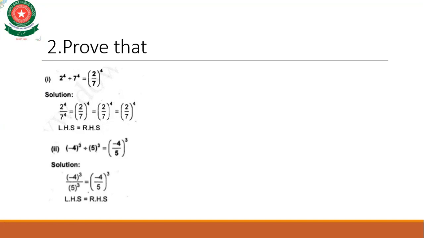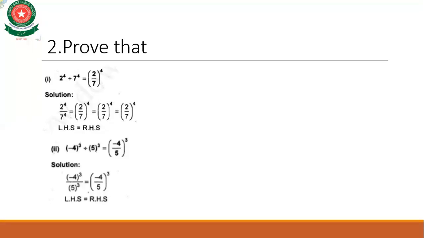So we can write them according to the quotient law in the form of (2 over 7) power 4. Now we know that our left hand side, which is (2 over 7) power 4, is equal to the right hand side, which is (2 by 7) power 4.